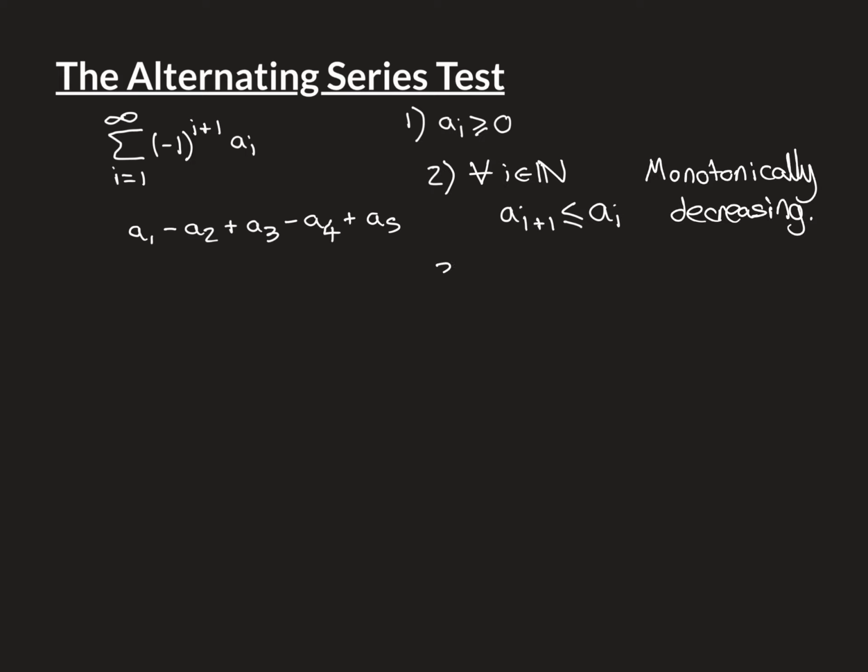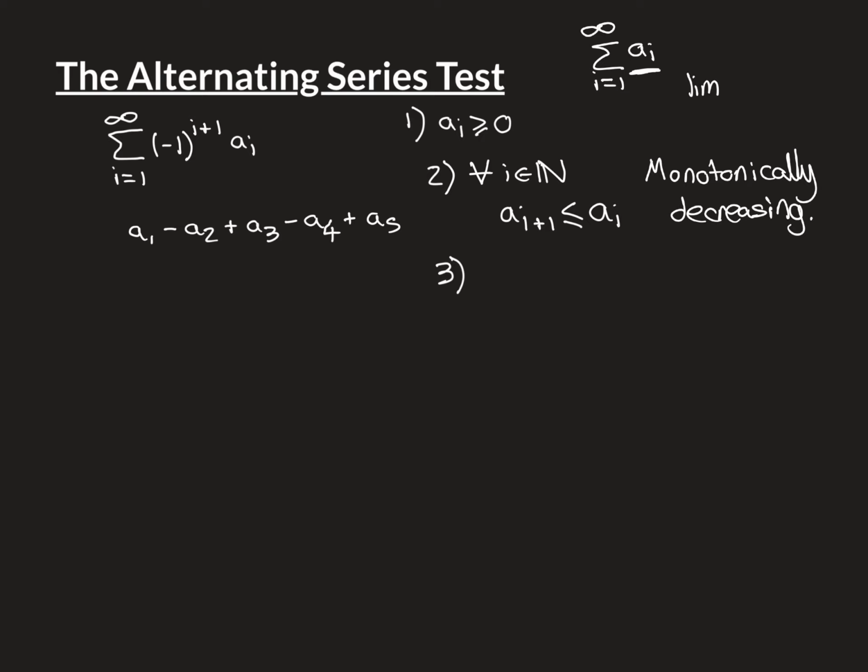And then the third criterion is actually very simple as well. It is one that for any series to converge, we know this has to be true anyway. So if you have a general infinite series, the sum from i equals 1 to infinity of a_i, then one of the criteria for it to converge is that the terms of the series must converge to 0.